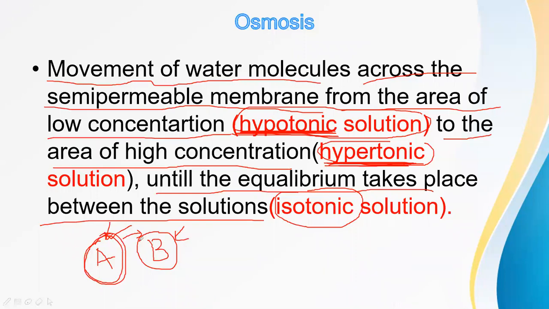So here osmosis takes place. It's quite opposite to diffusion. In diffusion, we learned the movement of molecules from high concentration to low concentration. To remember diffusion, just put a perfume bottle in your mind.